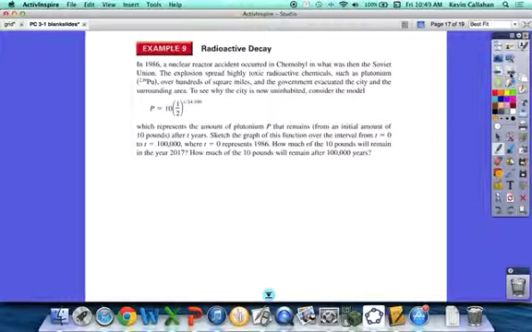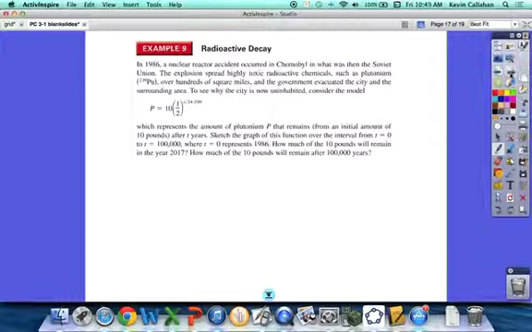So this one, it's practical. It's a real-world story, right? In 1986, a nuclear reactor accident occurred at Chernobyl in what was then the Soviet Union. The explosion spread highly toxic radioactive chemicals such as plutonium 239 over hundreds of square miles, and the government evacuated the city and the surrounding area.